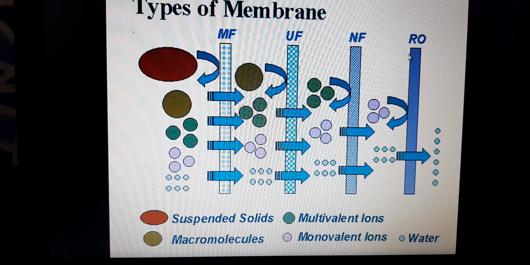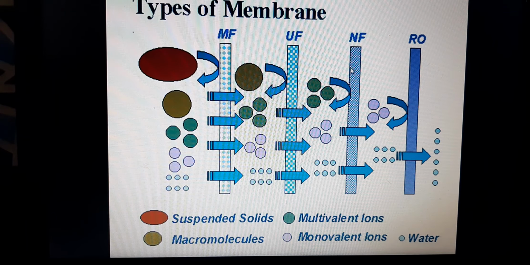Then the second one, this is large, small, small to small. If you see the suspended solids, you can separate them in the microfiltration. The macromolecules pass only into the ultrafiltration.